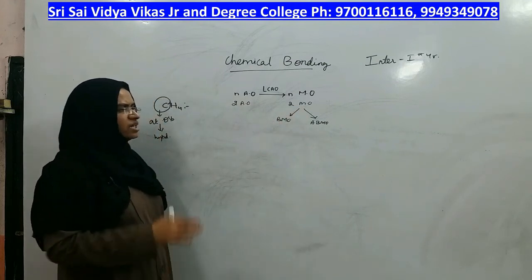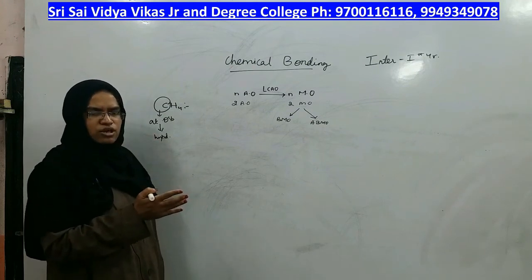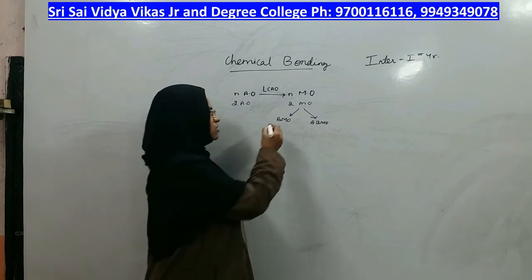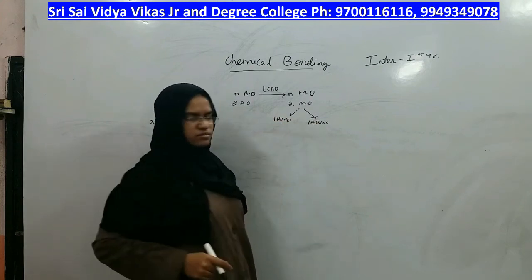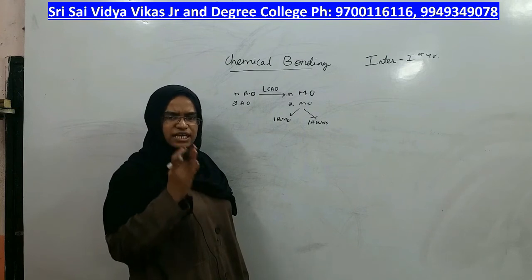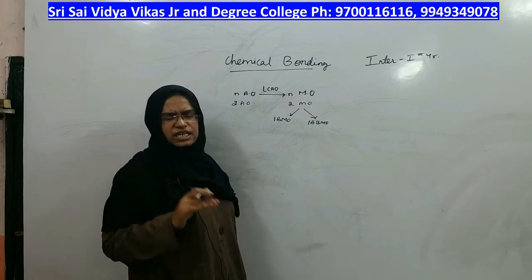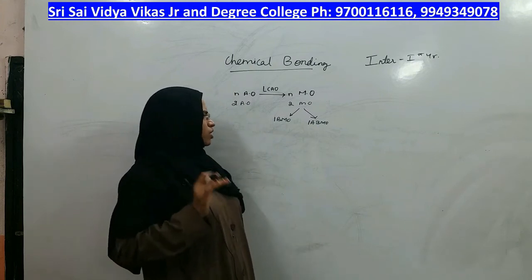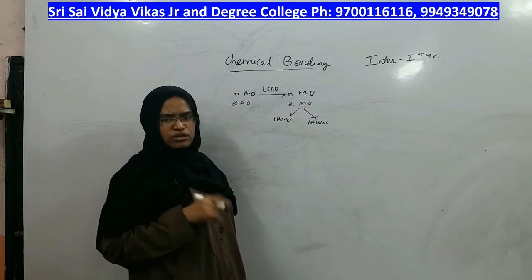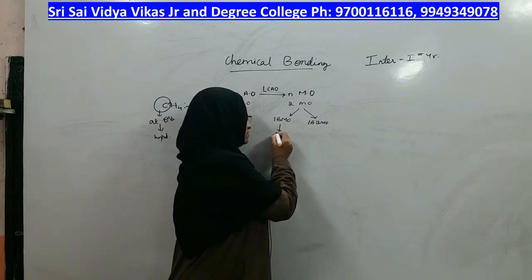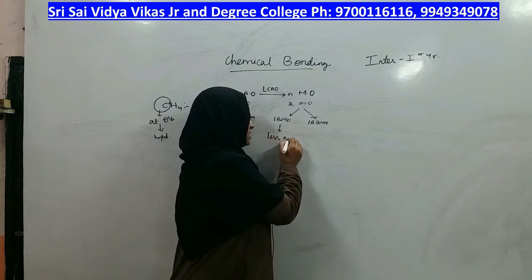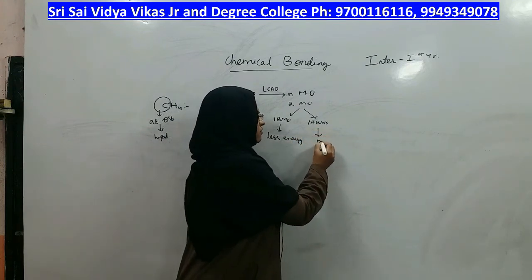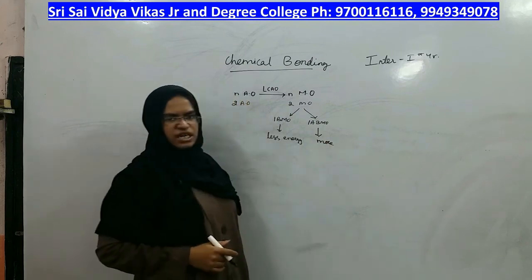Out of that, half of the molecular orbitals will become bonding molecular orbitals and half will become anti-bonding molecular orbitals. Exactly half becomes bonding and exactly half becomes anti-bonding. The bonding molecular orbital will have less energy and anti-bonding will have more energy on the energy diagram.